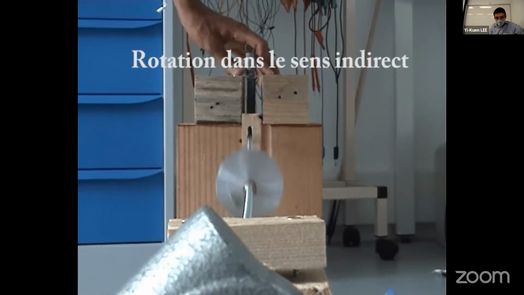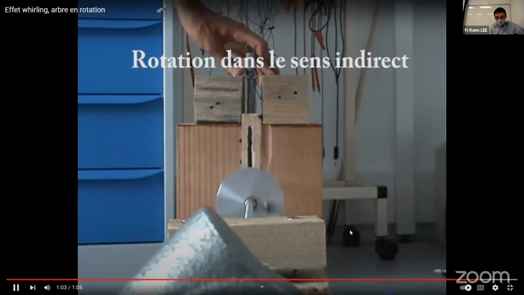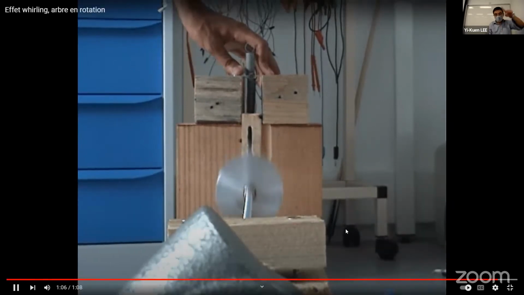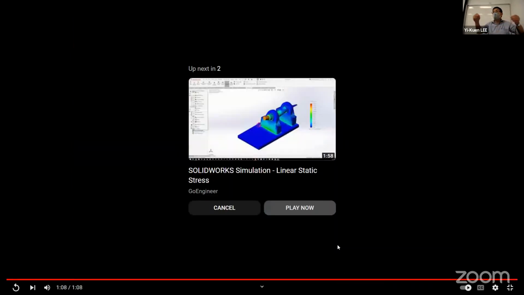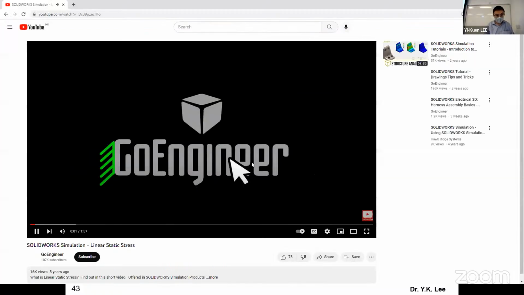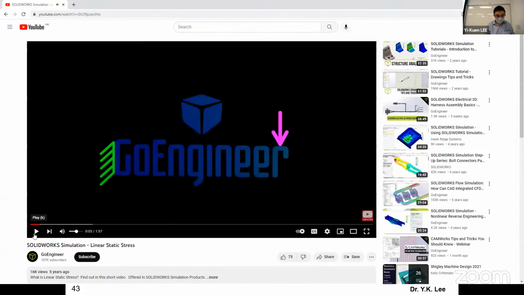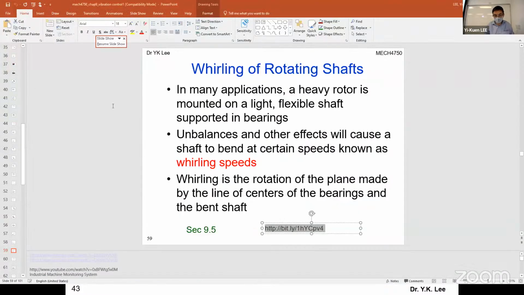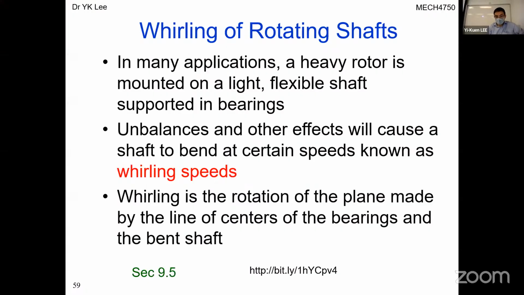This is a very simple lab model, but at least it can show you this whirling speed. When you have a long shaft with rotating inertia, then we have this kind of problem.